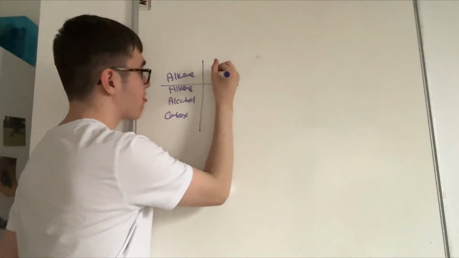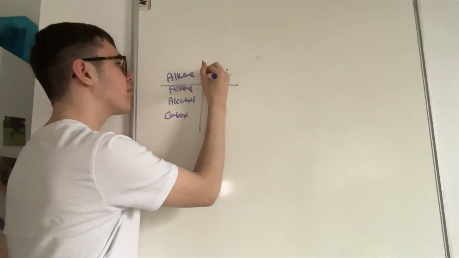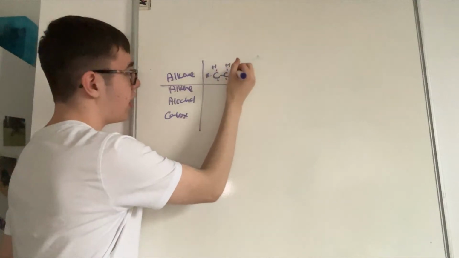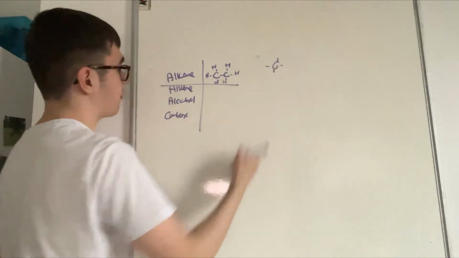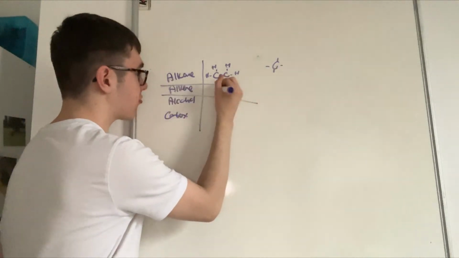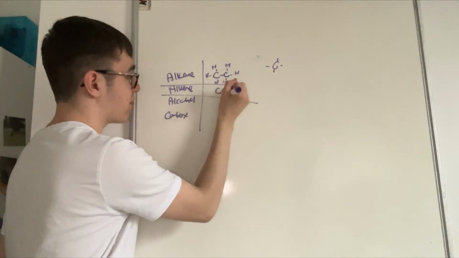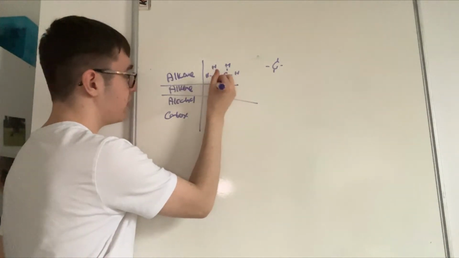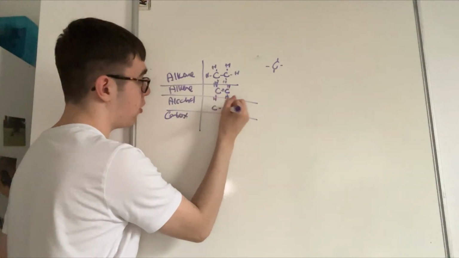Obviously, alkanes, some functional group, sorry. Alkane's functional group is nothing. Remember, carbon can bond to something 4 times. Alkene's functional group is that it has a double carbon bond, which means these are only going to have 2 hydrogen bonds each. Alcohol's functional group is that it has an OH.